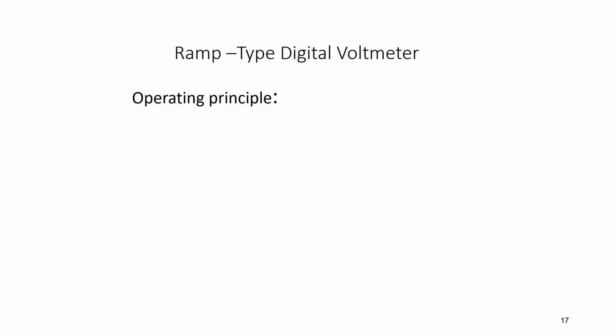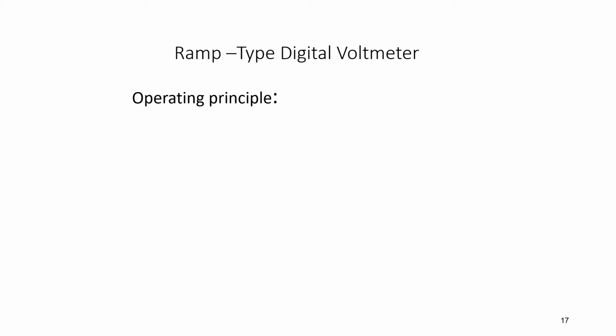So we have different types of digital instruments like digital voltmeters. We have the digital frequency meters. We have voltmeters of different type like a ramp type voltmeter, the successive approximation type voltmeter, the dual slope integrating type of voltmeter, each one having its own advantages and few limitations.